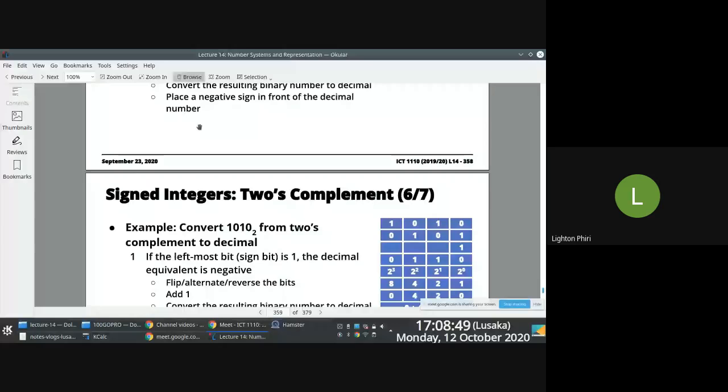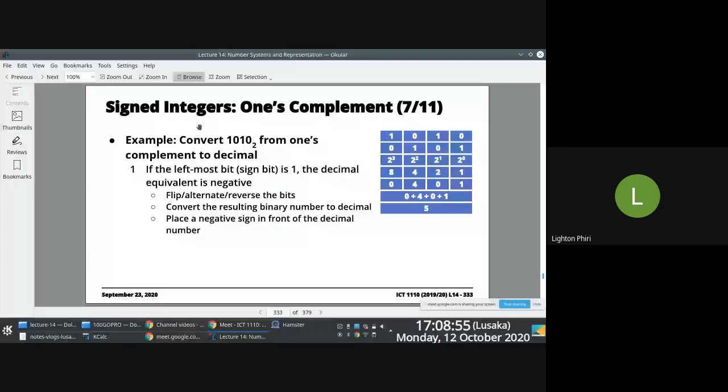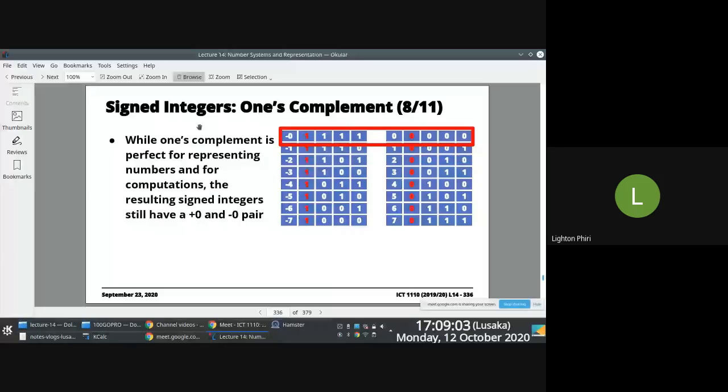We continue from where we left off, and we introduced this notion of a slightly more desirable technique rather than going for the sign magnitude technique.